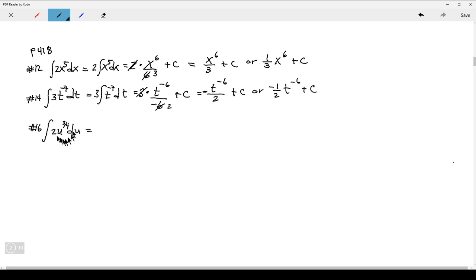Again, remember your differential term here has to match your variable. So u, du. So I bring the constant out front. My power rule here now says I take the variable, I add 1 to the exponent, and because this is a fraction, I will actually write that down.